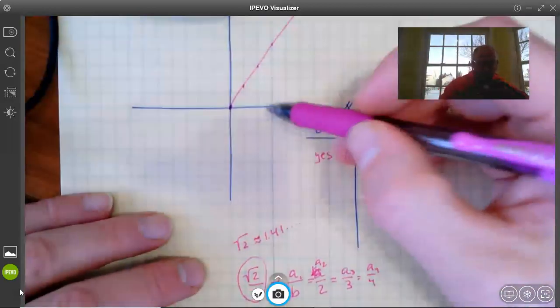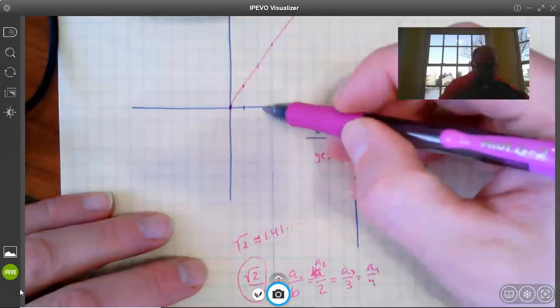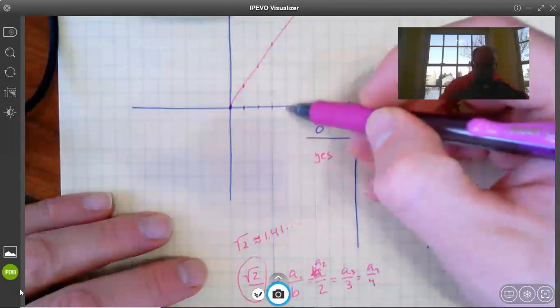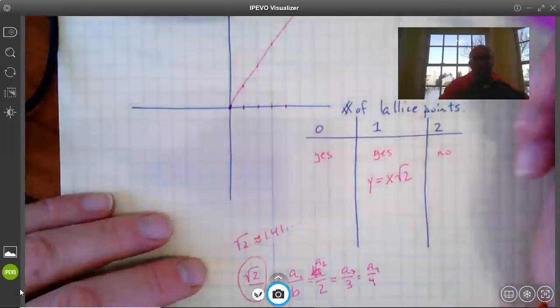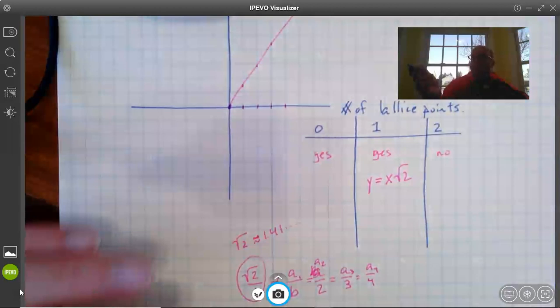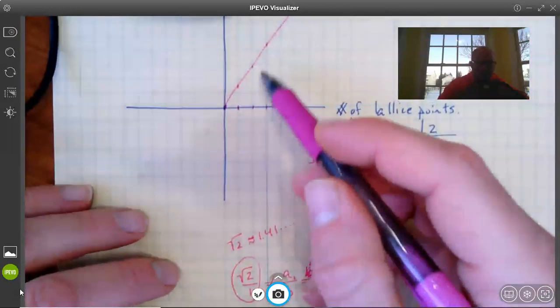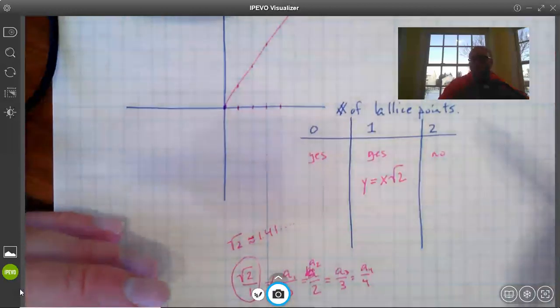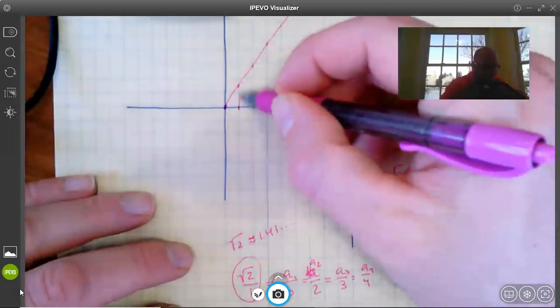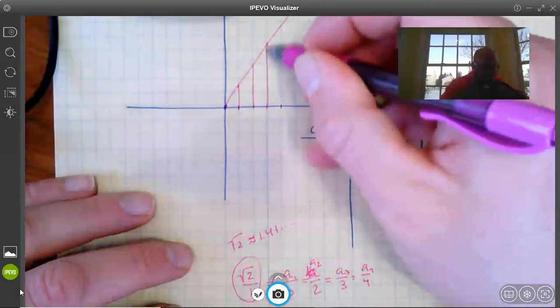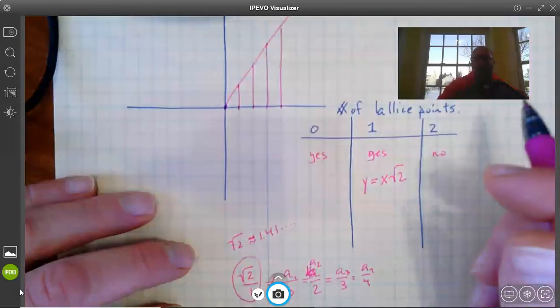Which means that not at x equals 1, x equals 2, x equals 3, x equals 4, or x equals any number at all, going on forever or going in the opposite direction, negative x's, will I ever get a y that's a whole number, because the rise part in my slope calculation will not be a whole number.